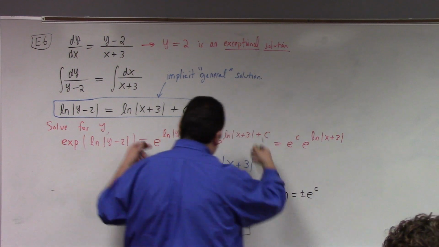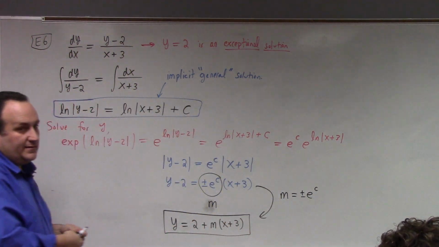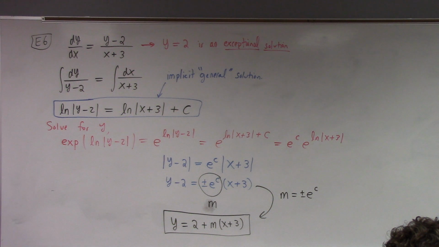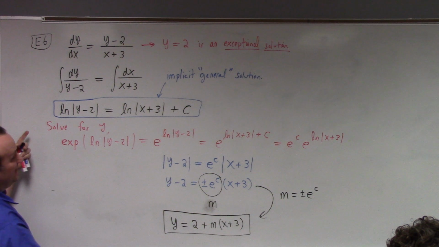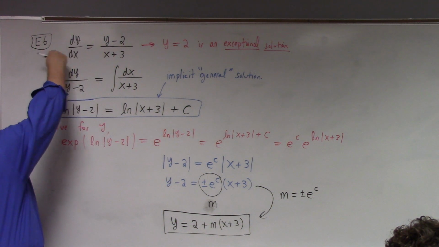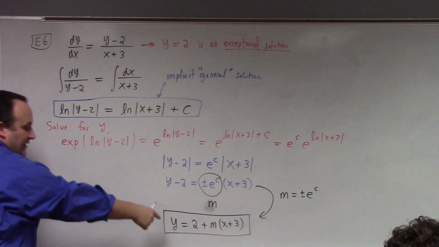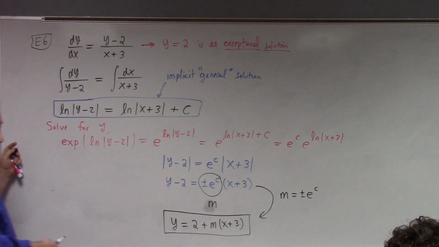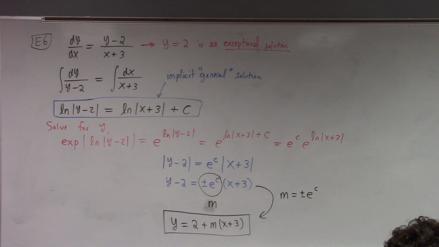So in terms of the logical flow here, is m equals 0 a reasonable value for your constant? Well, it's not, right? Because the m is plus or minus an exponential. But for other reasons, separate from the separation of variables, just going back to base principles at the start, we see m equals 0, which is the y equals 2 solution, is in fact totally legit to throw in. This happens a fair amount when you're solving for y.